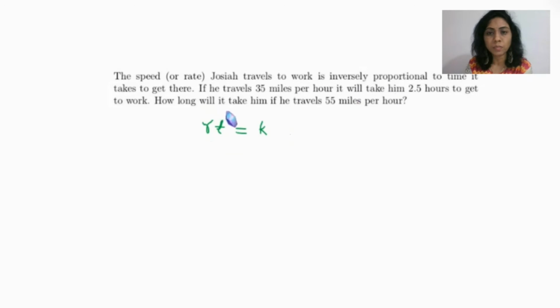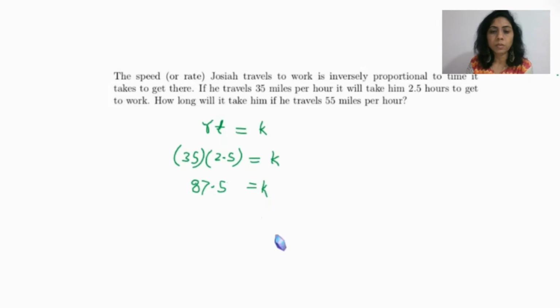So what is the rate here? It means the speed, 35. And what is your time? 2.5 hours. And we can easily find the k value, which is 87.5. This is the k value.